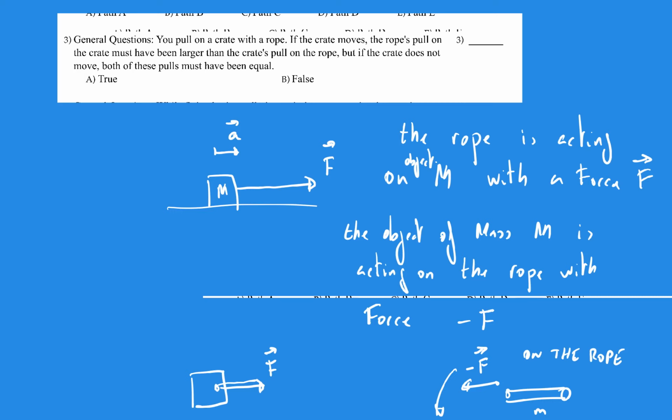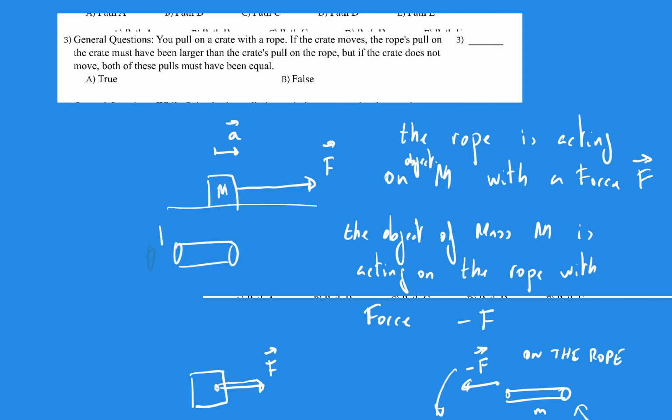Please read this question and try to answer. This question is the same idea. The action and the reaction happen: the action is on object 1, the reaction is applied to object 2. So here we have two objects. One object is the rope, the other object is the mass.